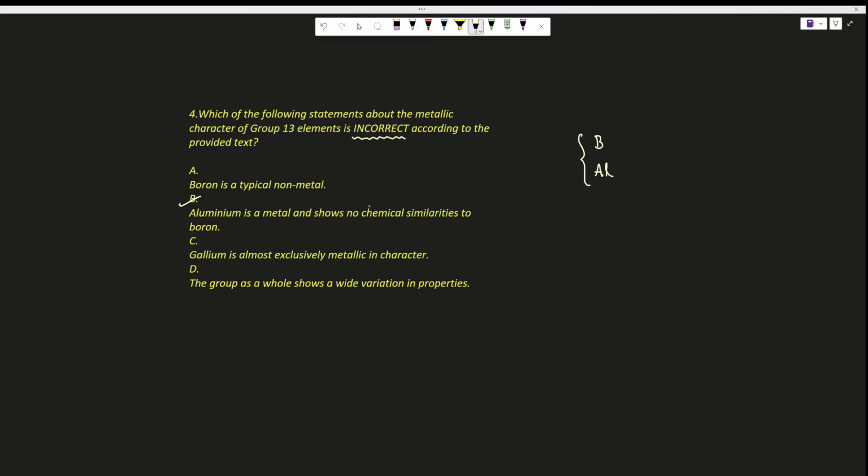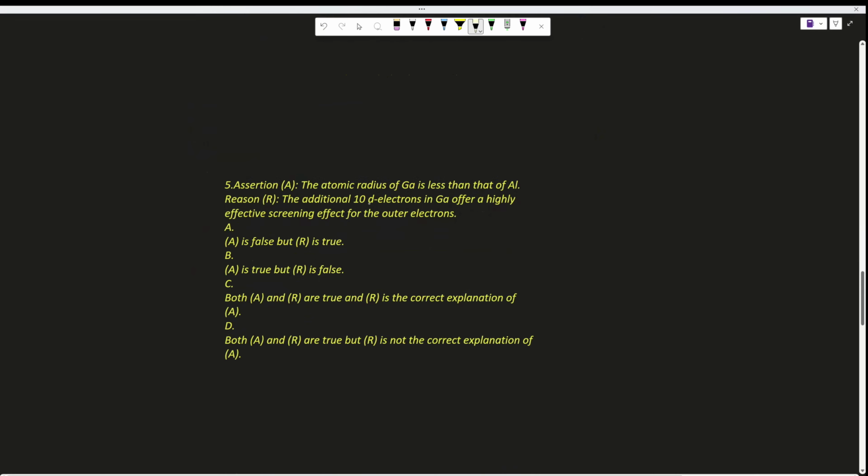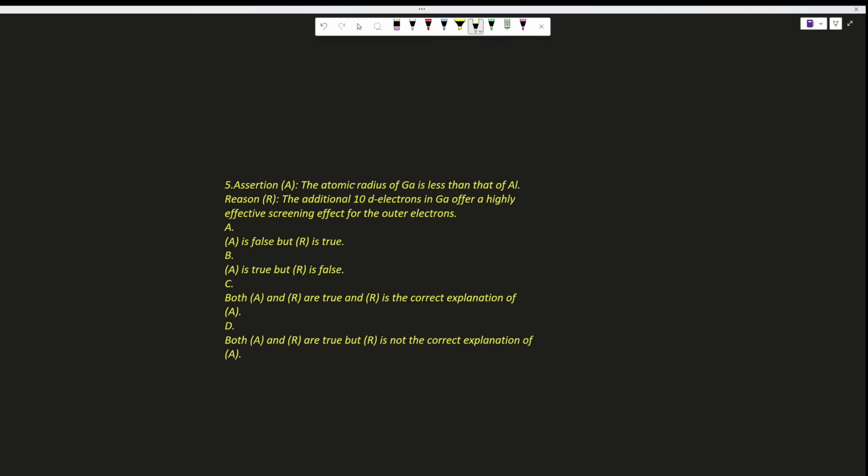B is incorrect. Then here we have assertion and reason. The assertion says the atomic radius of gallium is less than that of aluminium. The reason says the additional 10 d electrons in gallium offer a highly effective screening effect for the outer electrons.